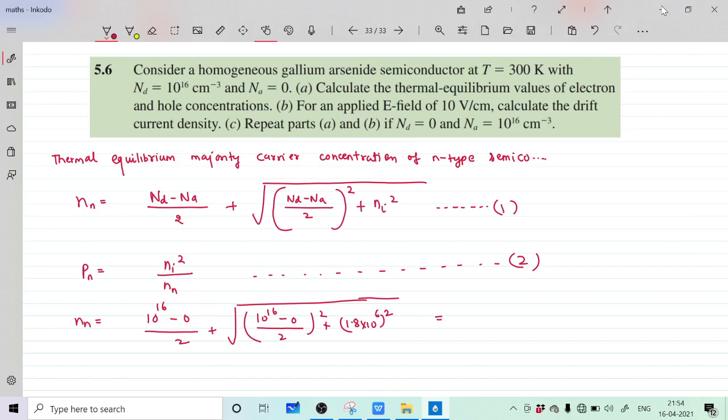So this comes to be equal to 5 into 10 raised to 15 plus 5 into 10 raised to 15. Okay, so this becomes 10 raised to 16 per centimeter cube. This is our Nn.